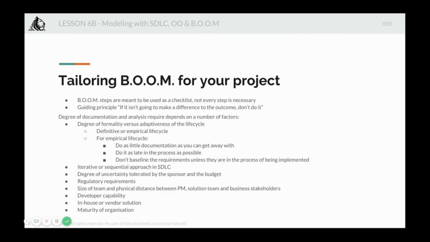Then the size of the team and the physical distance between the PM, the solution team and the business stakeholders. If the team is remote, if the team is separated out, then you cannot just walk up to the table and discuss verbally. You'll have to document it much better because it can be interpreted in so many different ways, and so you need a clear understanding of what is expected, what is not expected, what is to be done, what is not to be done.